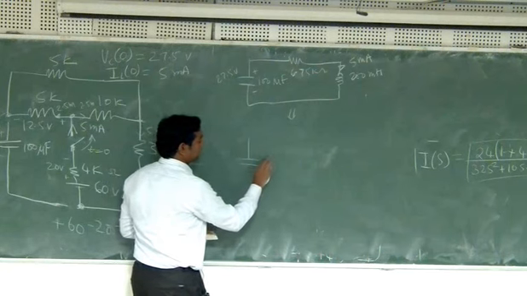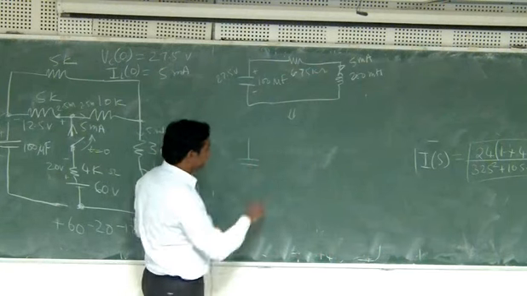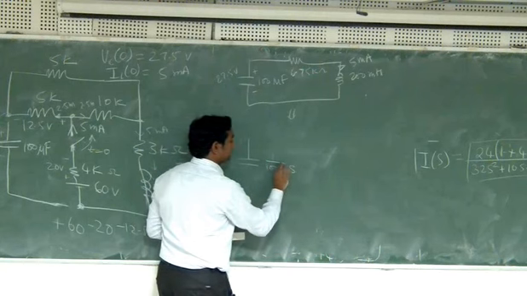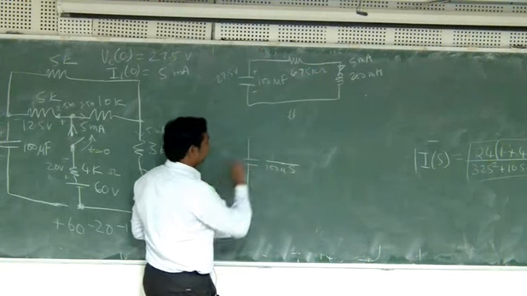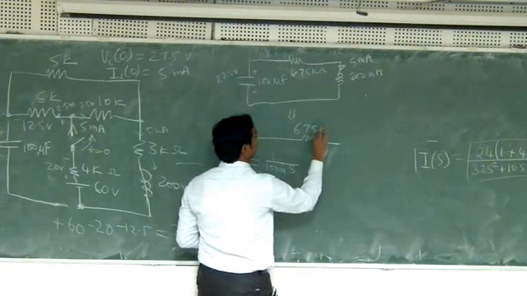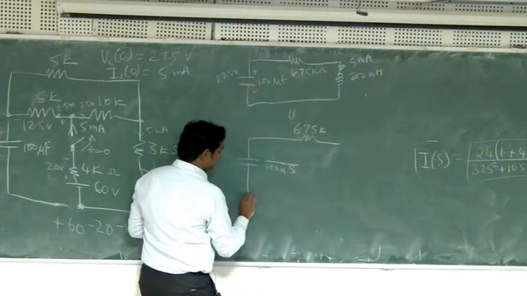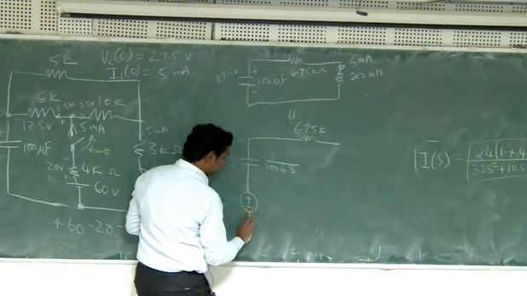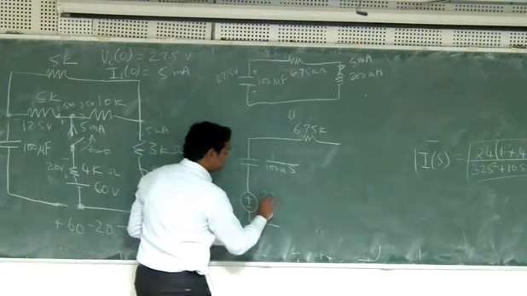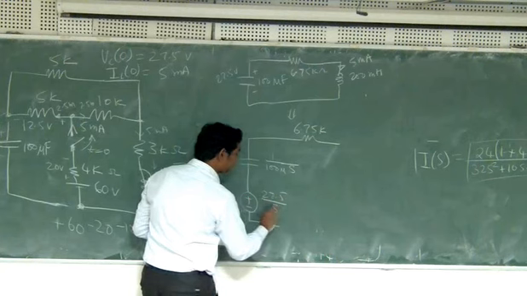This is 1 by CS, so 1 by 100 micro into S. This R will remain the same, 6.75 kilo. Now here I will also have to put a voltage source, and this is 27.5 by S.